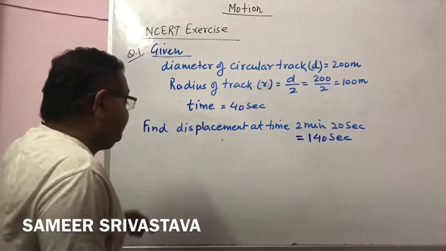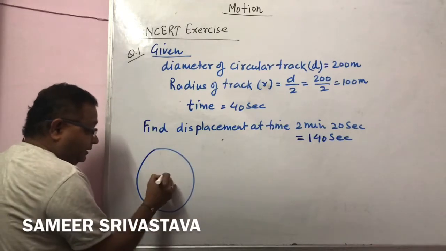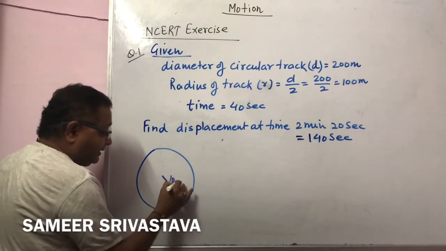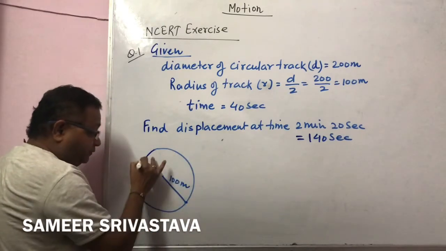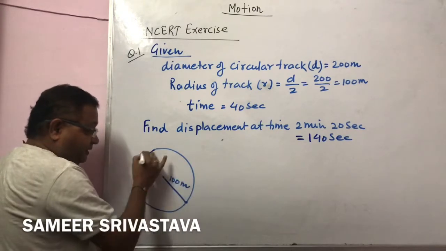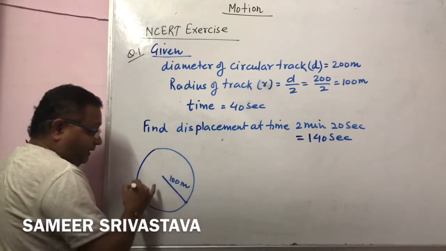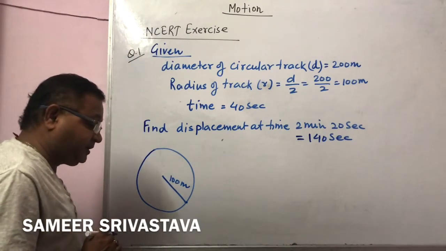Okay, so if I am making a diagram here, this is a circular path of radius 100 meter. From this point the athlete starts to move and completes one round. It means the total distance of this circular path is the circumference of the circle.